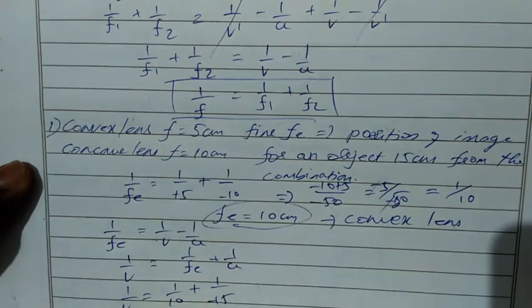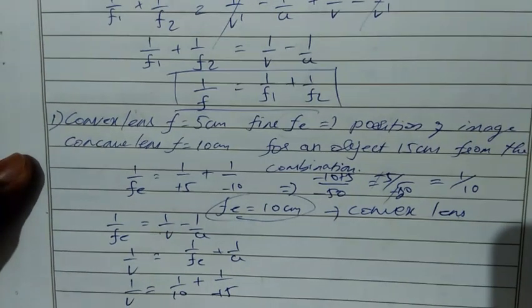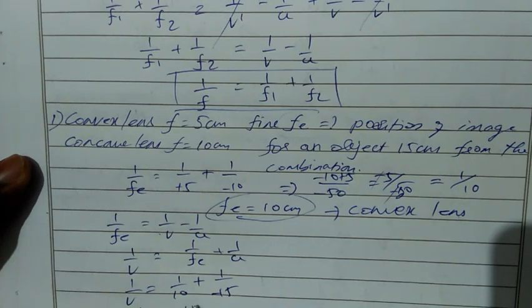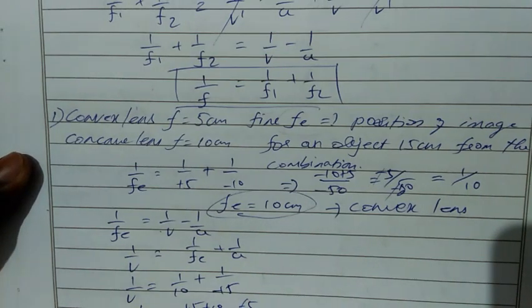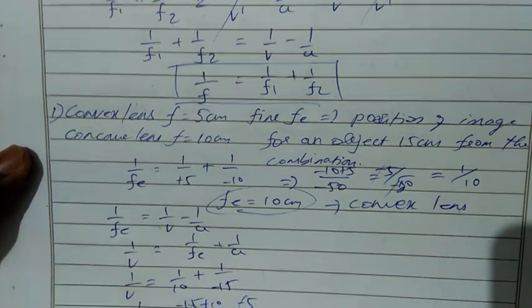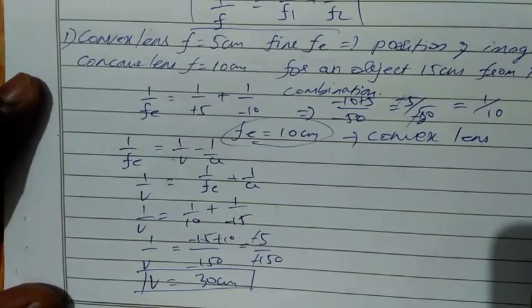If we solve this, 1 by v equals minus 15 plus 10 over 150, so minus 5 by minus 150. Minus minus gets cancelled, giving 1 by 30. So v equals plus 30 centimeter. This is our final answer.